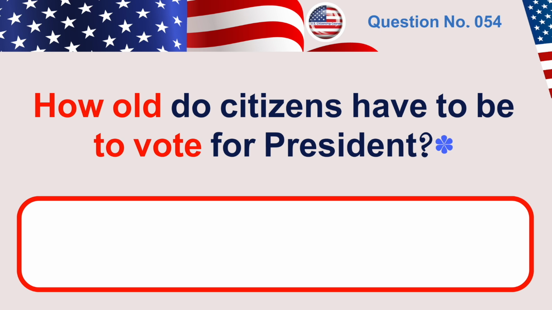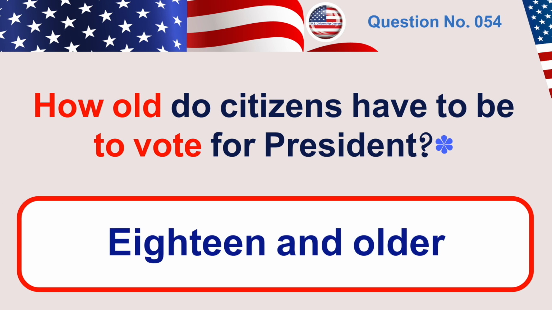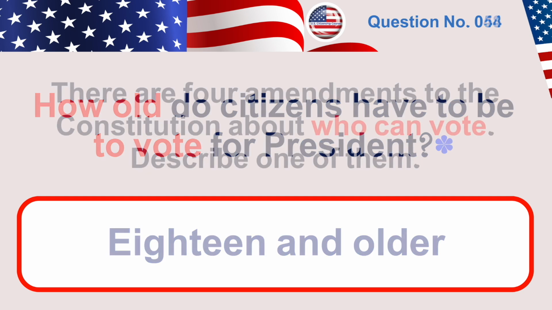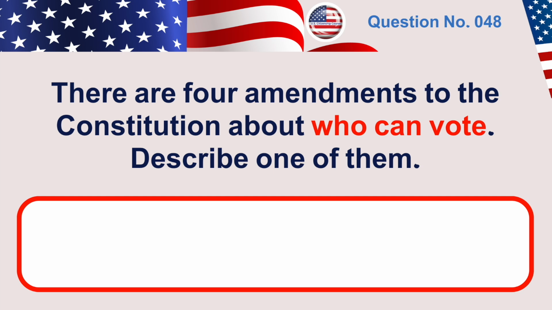How old do citizens have to be to vote for president? 18 and older. There are 4 amendments to the Constitution about who can vote. Describe one of them.